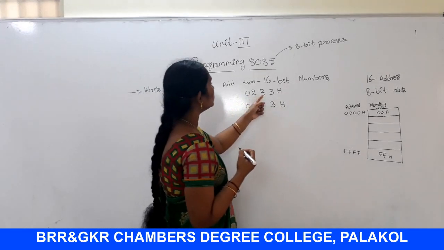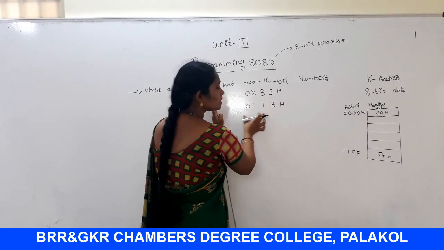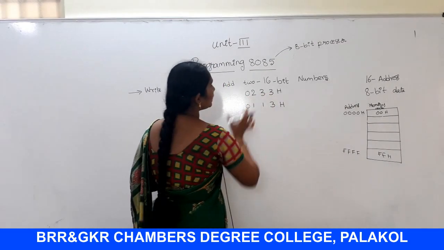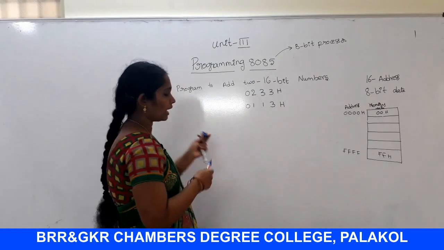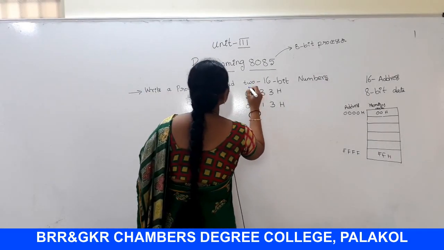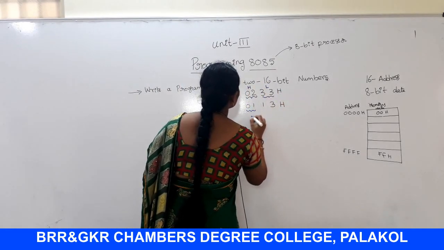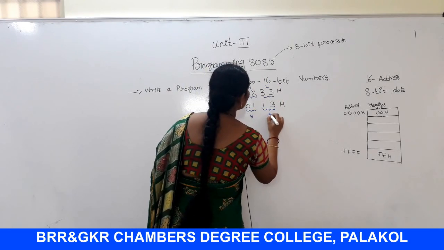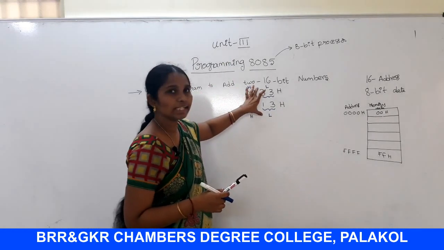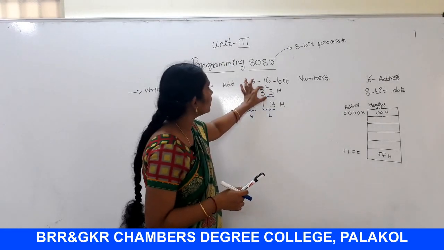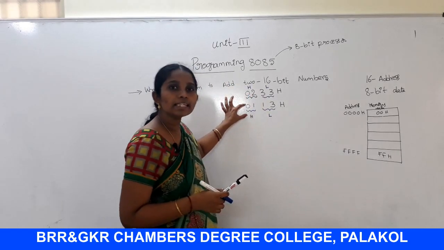Here each number has 4 digits, so it is divided into 2 parts, the higher and the lower. To add these two numbers, the lower number is added to the lower number and the higher number is added to the higher number.